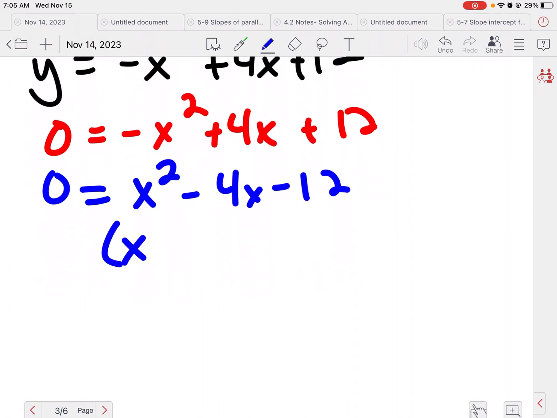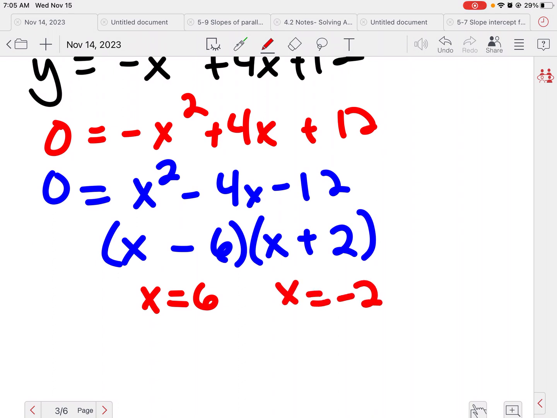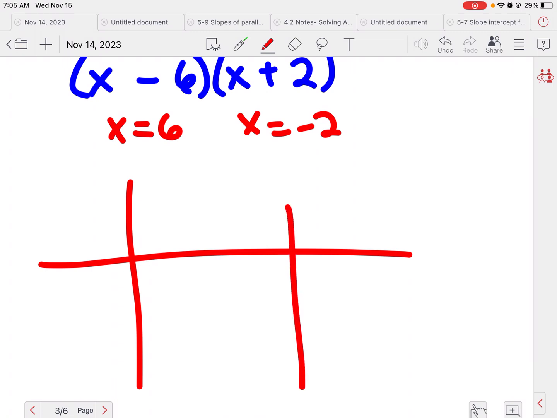I can go ahead and factor here. What multiplies to be negative 12 and adds or subtracts to be 4 would be 6 and 2. I need a negative 6 and a positive 2. Again, if I set these each equal to 0, x would be 6, x equals negative 2. Again, I think you can do that math. So if I set up my little chart, I have 6 and negative 2, but I want to write them in the right order to help myself out.